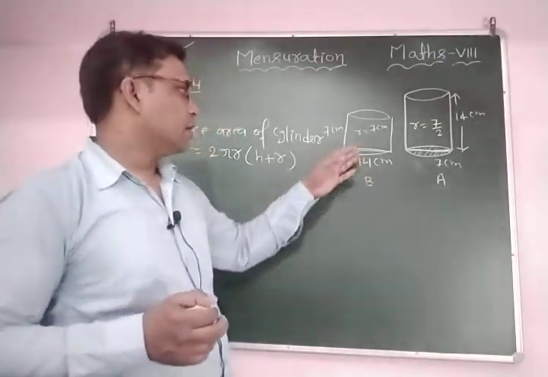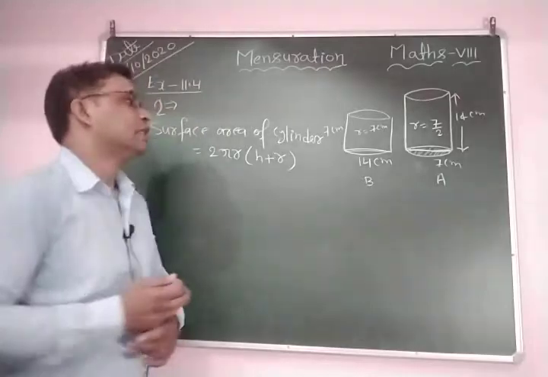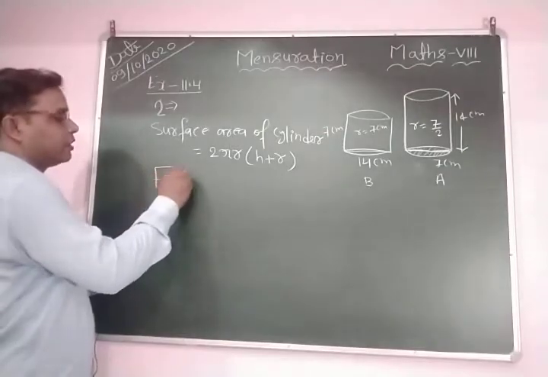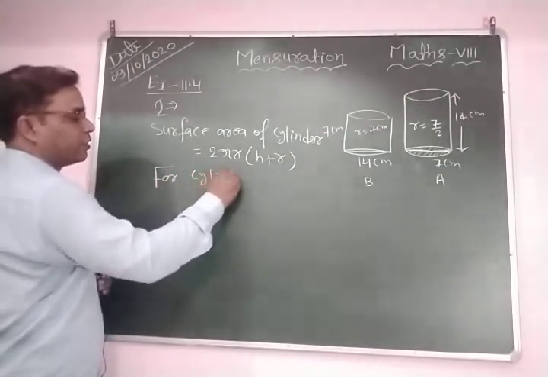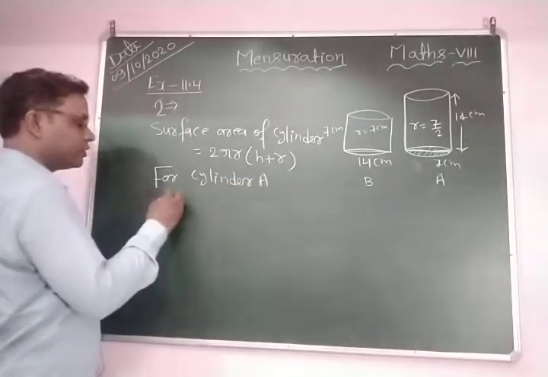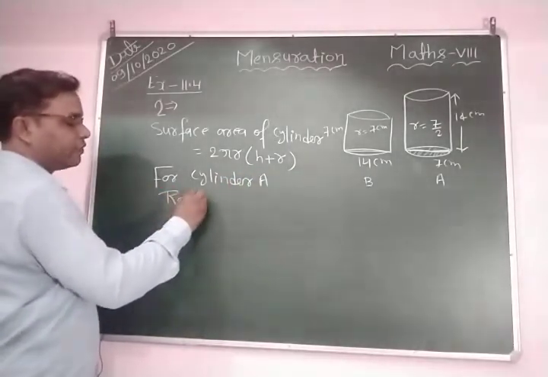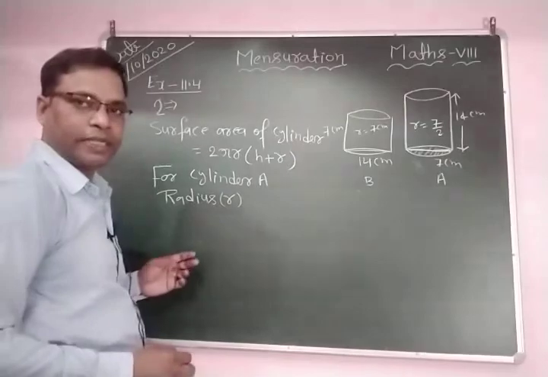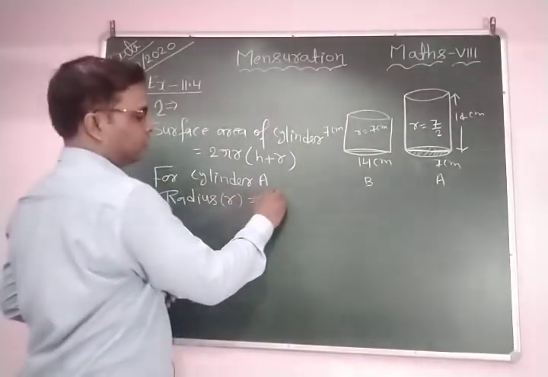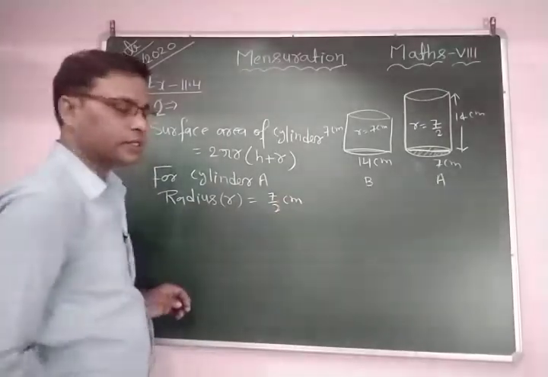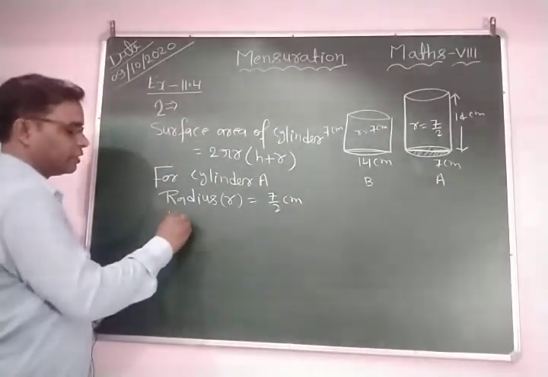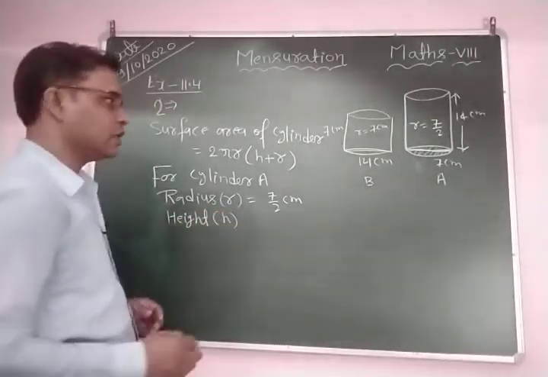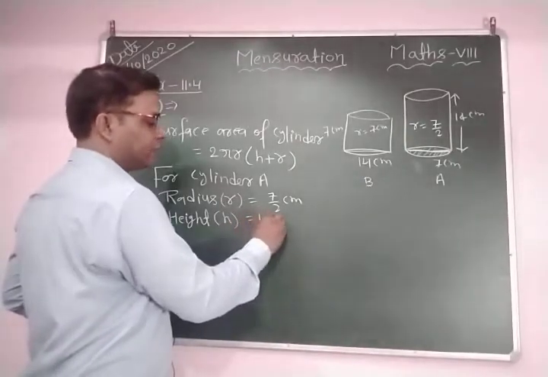So in this case, first you find the surface area of cylinder A. For cylinder A, the radius, which we represent by small r, is equal to 7/2 centimeters, and the height, which we represent by h, is equal to 14 centimeters.